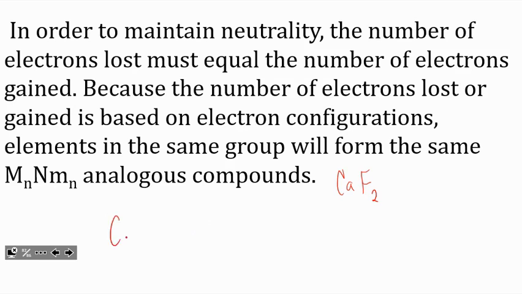So your calcium has 2 electrons to give away. Your fluorine only needs 1 electron. So in order for this to balance, you would have to have 2 fluorines to take up those 2 electrons. So your formula for this is CaF2.